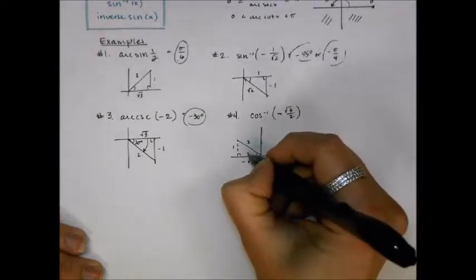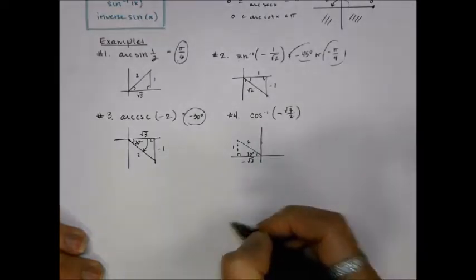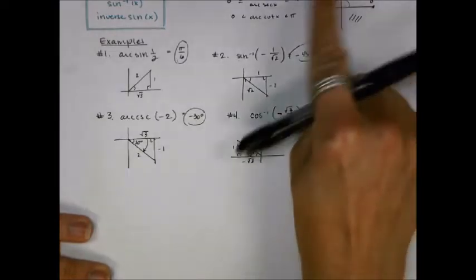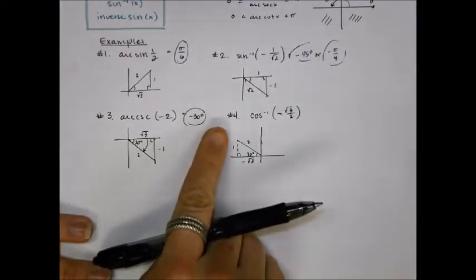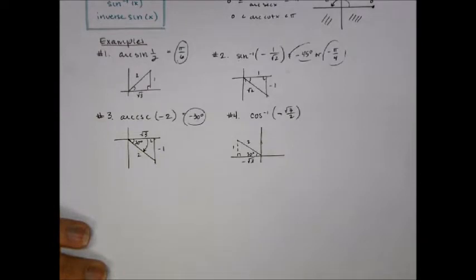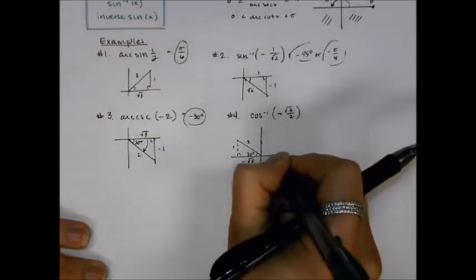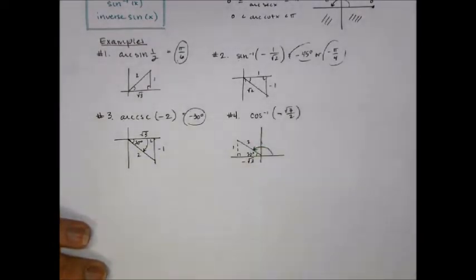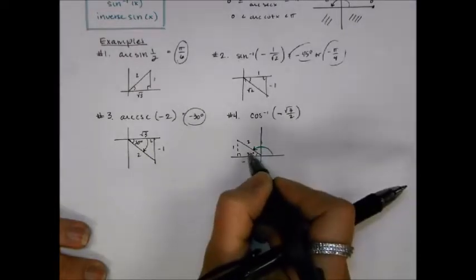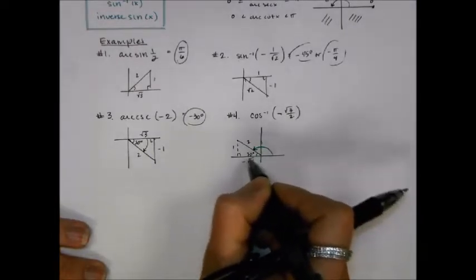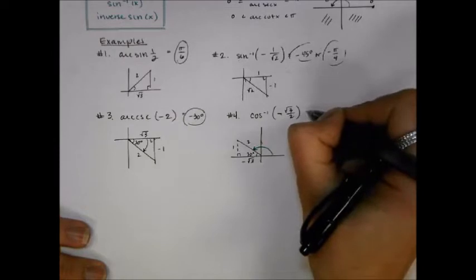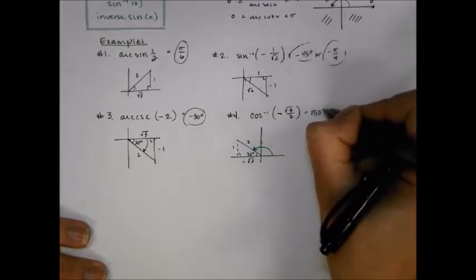Now my answer must be between 0 and pi, and I'm in quadrant 2. So I'm looking for the angle that measure here. So we're 30 degrees before the x-axis. That would be either 150 or 5 pi over 6.